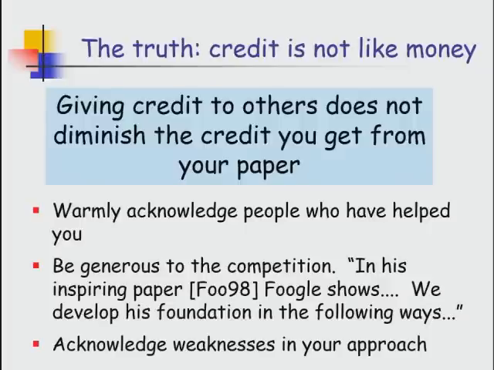Yes? So you write, acknowledge weaknesses in your research, in your approach. And I've heard from some senior researchers that it actually can be the reason for rejection of your paper if you really honestly acknowledge all weaknesses of your approach. So the question is, if you acknowledge the weaknesses, mightn't that lead to your paper being rejected?